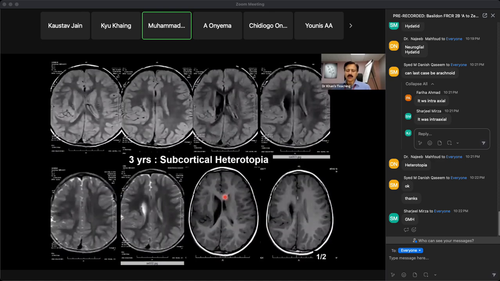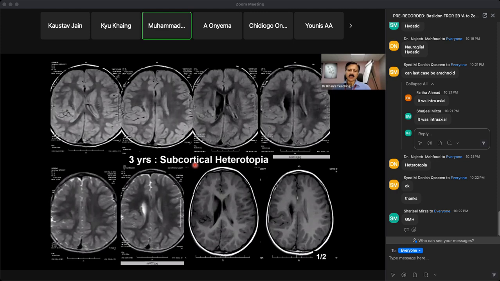Now, heterotopia, please remember the concept that the germinal matrix in a developing fetus is in the periventricular region. The gray matter cells actually develop there, and from there they migrate laterally. They can be arrested.